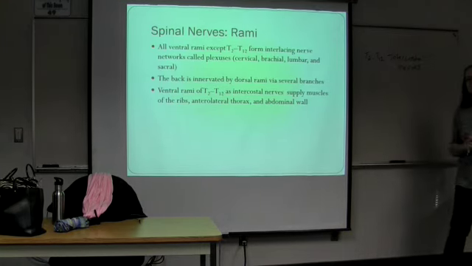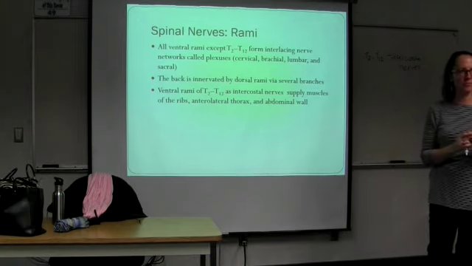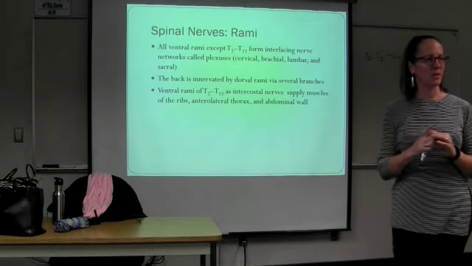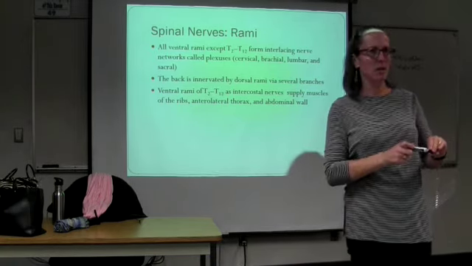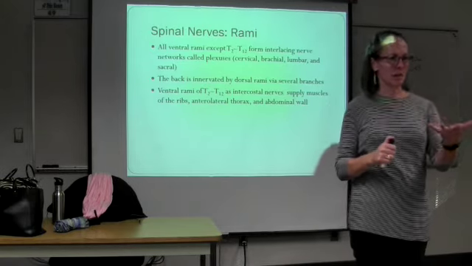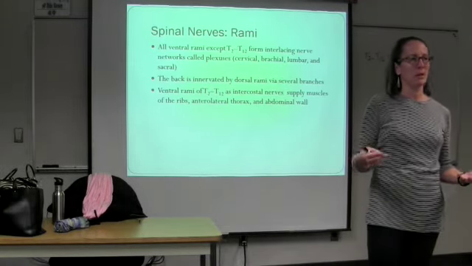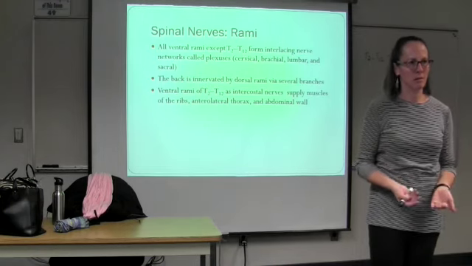T2 through T12 form intercostal nerves. Does anybody know what that means? Inter means what? Between. Costal means rib. It goes between each rib.